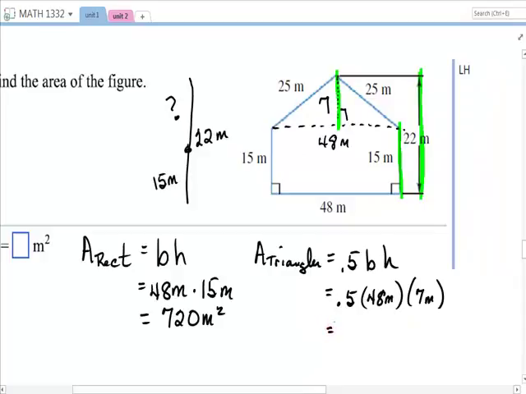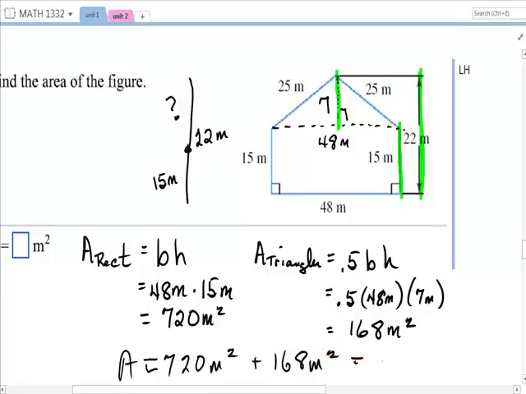So 0.5 times 48 times 7 is 168 square meters. The area of the house shape is 720 meters squared plus 168 meters squared, which gives me a total of 888 meters squared.